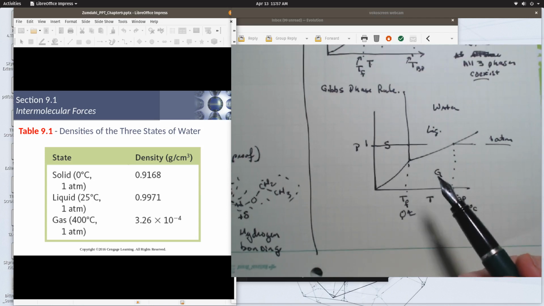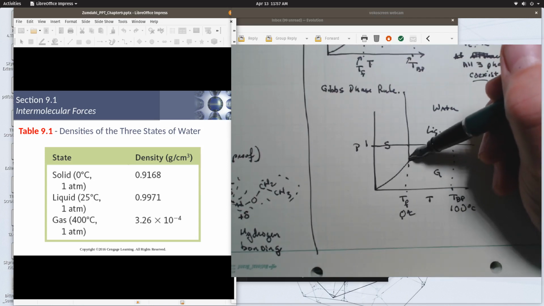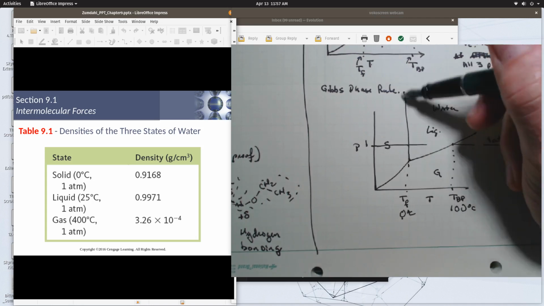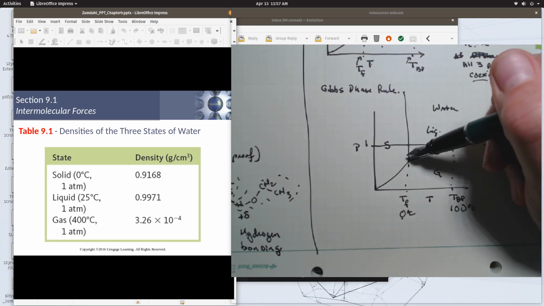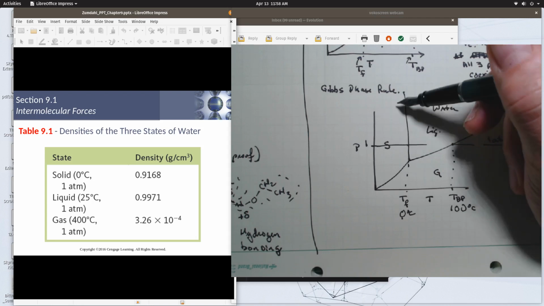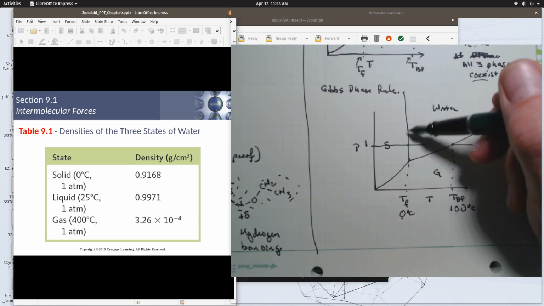For most materials, it's the other way around. In fact, the slope of this curve here is a little bit on the negative side, reflecting the fact that the solid has a lower density than the liquid. And so as a result, solid water, ice, floats on top of liquid water.